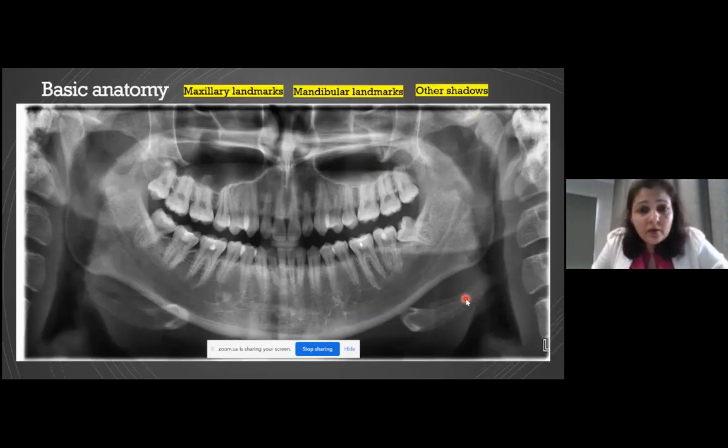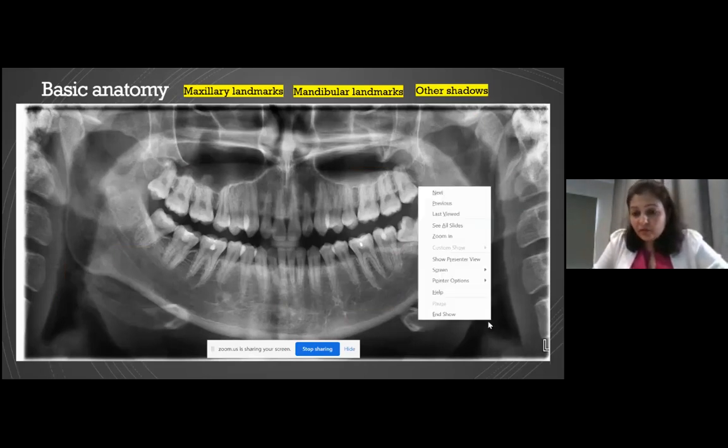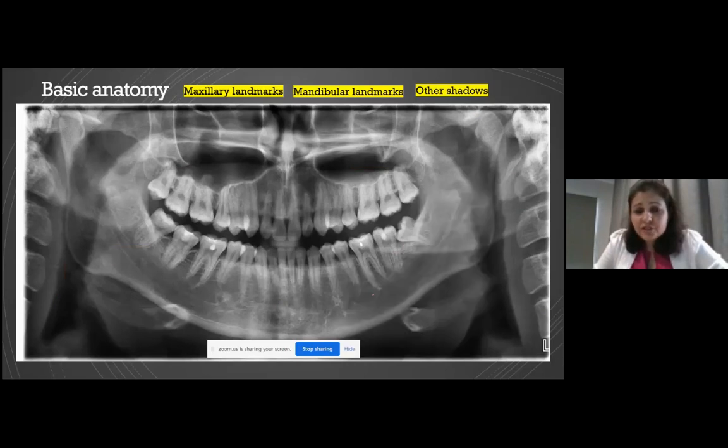Right, so now I'm going to talk about some basic anatomy. This is a very interesting part of the whole presentation, so I want you to pay close attention. When we're doing anatomy, we should remember that there are maxillary landmarks, mandibular landmarks, and other shadows. A panoramic radiograph is unique because, remember I had shown you the picture of the loaf of bread, you're actually picking out a slice and trying to view that image.